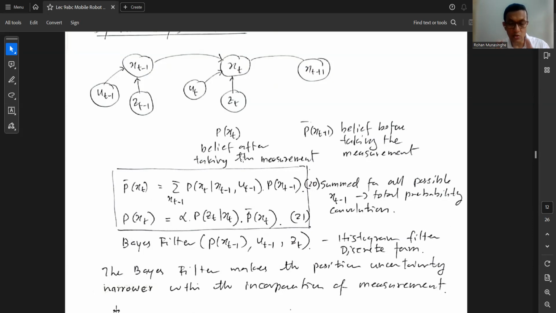We believe that the robot is in that position with that standard deviation after using the measurement. Now you move from P(x_t) to P bar(x_t+1). So time advances, and there's a bar coming in, P bar. It is basically using the vehicle dynamic model without correction. So once you correct it, you generate P(x_t+1), similar to P(x_t) over here.